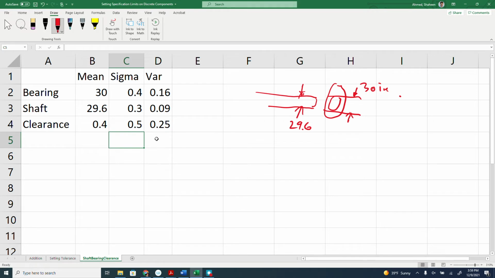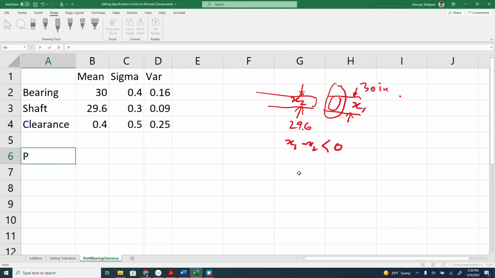So that's that. Now what we're trying to do here is find out if this clearance is less than 0. If we subtract the shaft dimension from the bearing dimension, say this is x1 and this is x2, then if x1 minus x2 is less than 0, we have a problem, we have an interference.